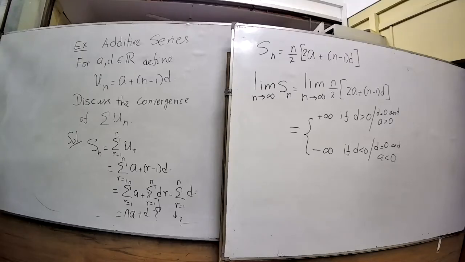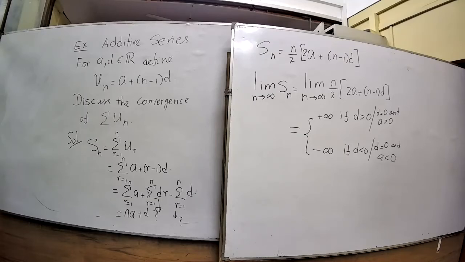But there is another case where d is equal to 0. Whenever d is 0, you need to worry about the sign of a. If a is positive, it will go to plus infinity, otherwise it will go to minus infinity.